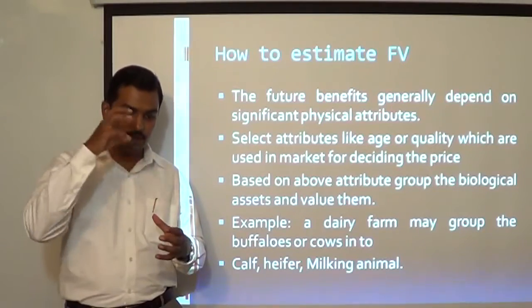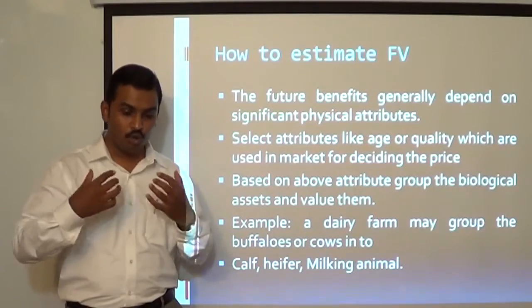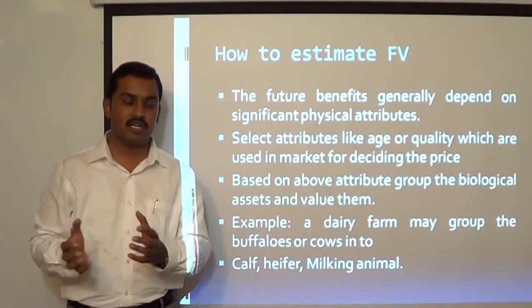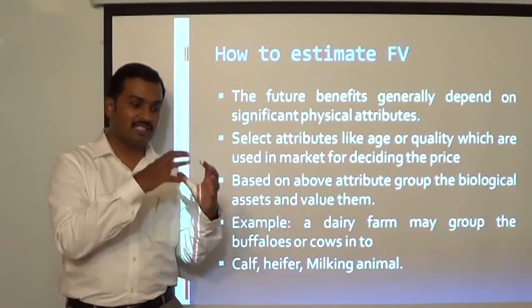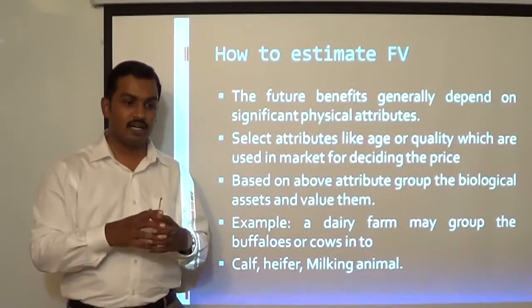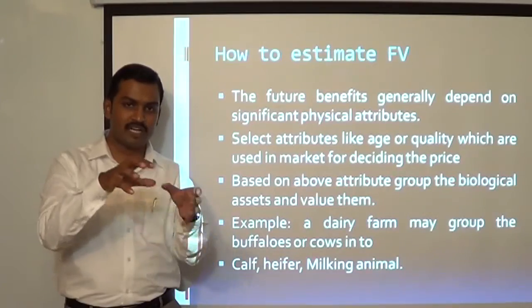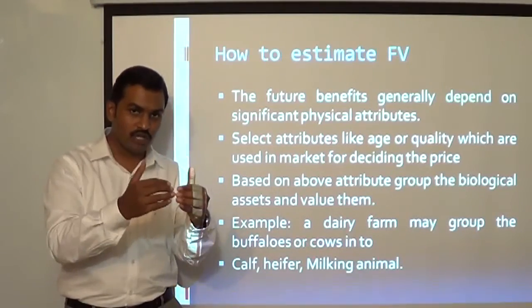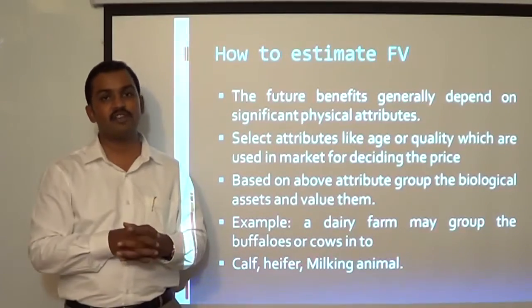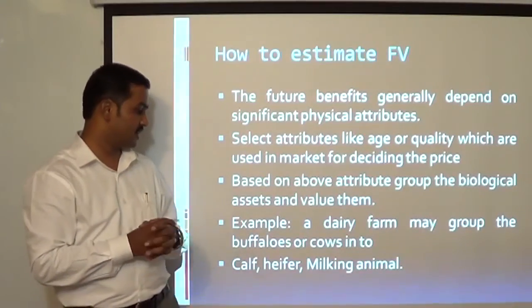In such cases, based on these attributes, the entity should also group its biological assets, and based on these physical attributes, we have to arrive at the fair value of the asset, and these attributes are used to decide price in the market. Based on those attributes, you also classify your biological assets and then estimate the fair value of the asset. This is what the standard has to say.